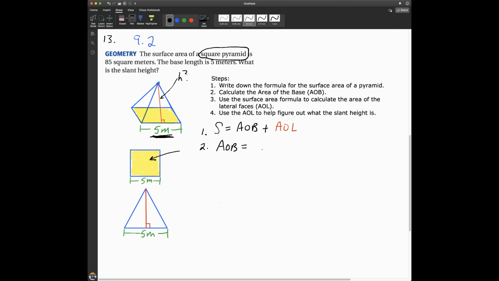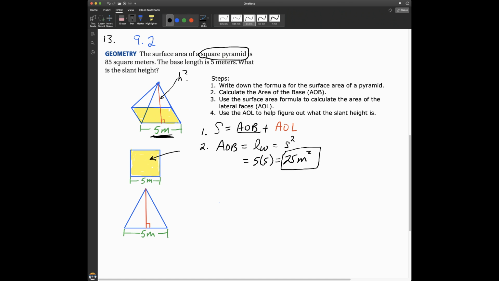To figure that out, I just take 5 and multiply it by 5, because the area of the base is length times width. Another formula that you've seen me use is just take the side of the square and square it. So the area of the base equals 5 times 5, and that equals 25 meters squared.